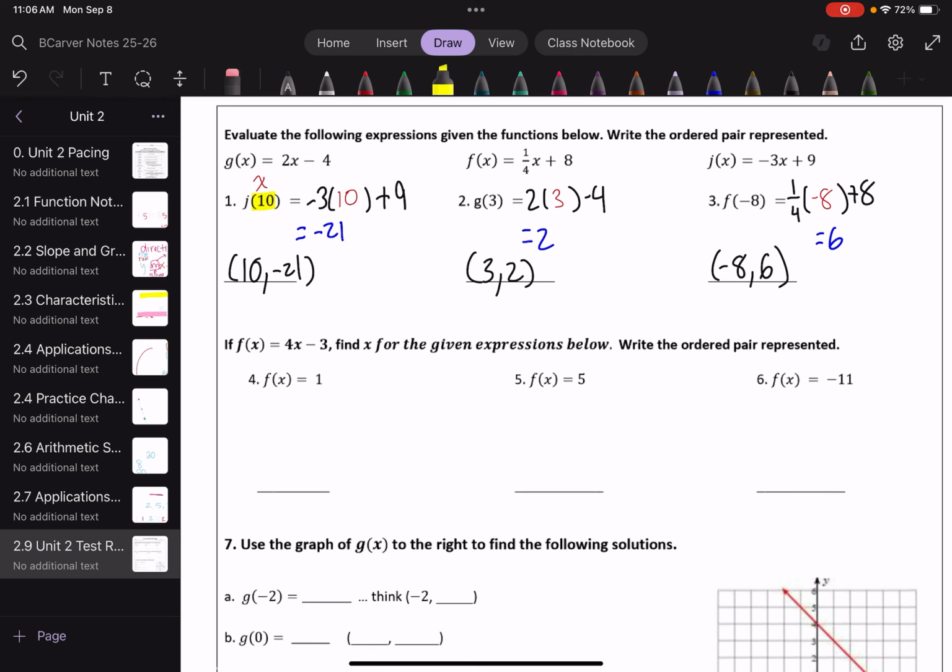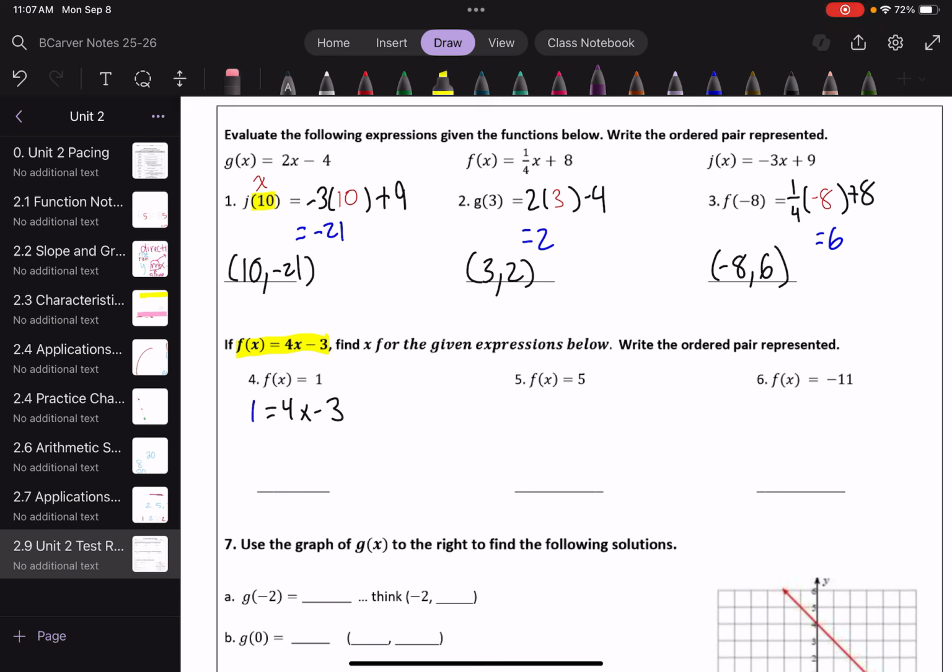Now we're only using the function f of x equals 4x minus 3 to find x for the given expressions below. So now we have something that says f of x equals 1. So we're given the output, and we're now trying to find x, which is the input. So for this first one, I'm going to say that 1 is equal to 4x minus 3.